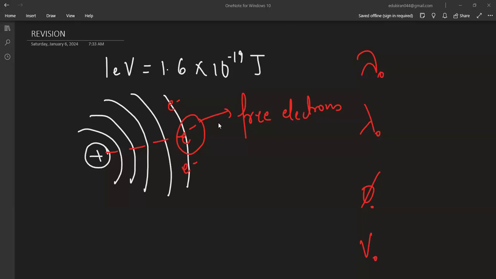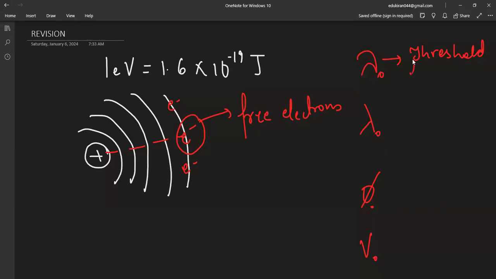So, for every electron to be free, a minimum value of frequency is required, a minimum value of wavelength is required, a minimum value of energy is required, and a minimum value of potential is required. This minimum frequency we call the threshold frequency. That's why all of these definitions are very important: the definitions of threshold frequency, threshold wavelength, and work function.